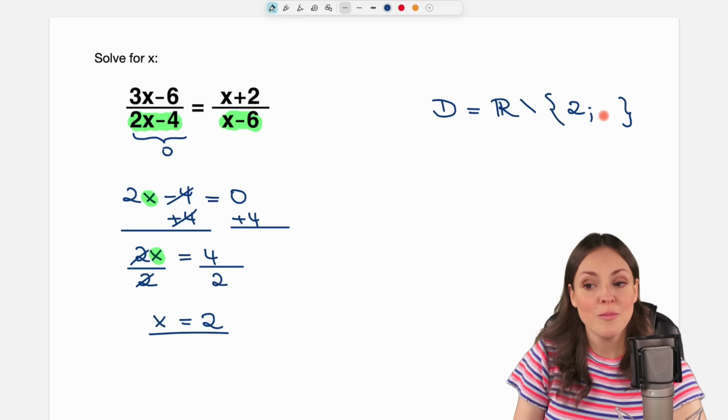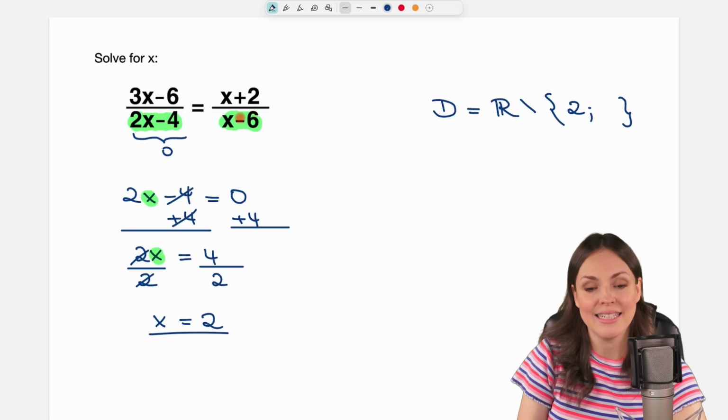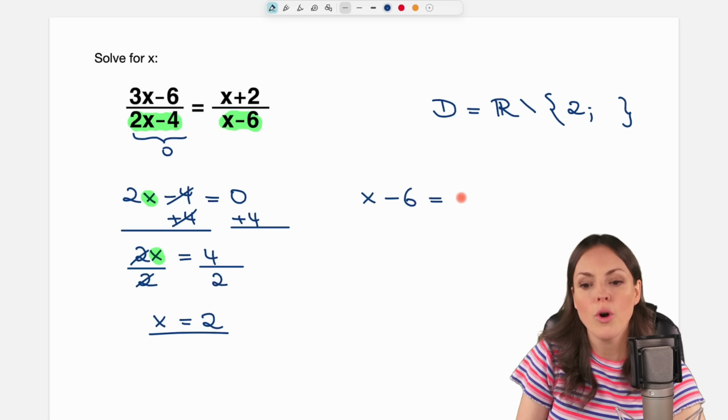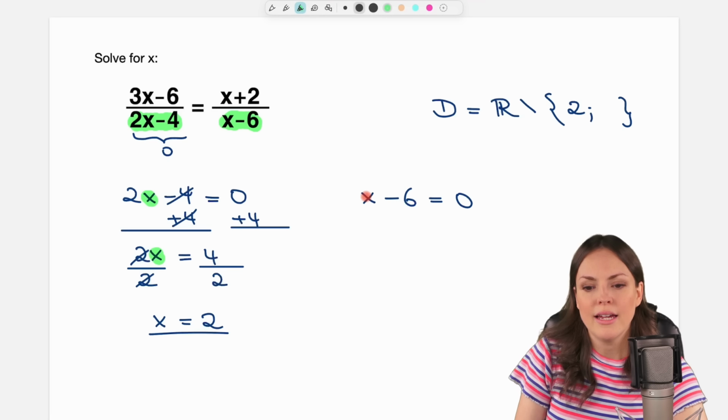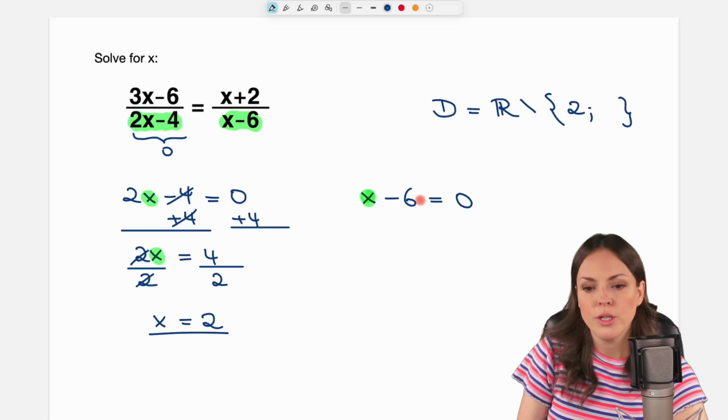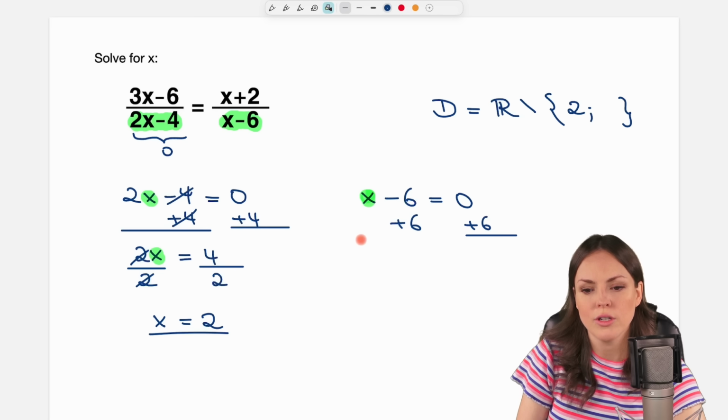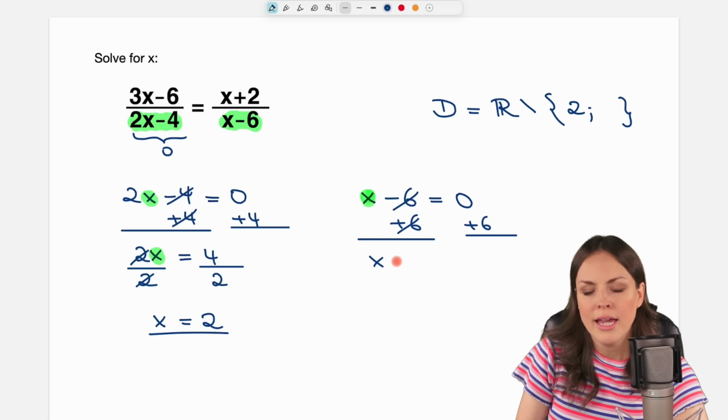And maybe there are some more, so we take the second denominator as well and see if we get some more numbers. We set it equal to 0 as well. And if we solve for x, we can just add 6 on both sides of the equation. Then we have x left, this cancels out, and on the other side we have a 6.